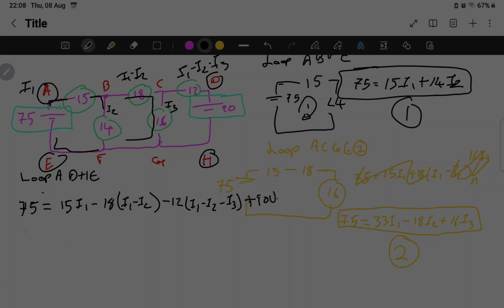So when we simplify this, we're going to take the 90 and we're going to minus. So we have 75 minus the 90. So now when we simplify this, we're left with 15. Simplified, 15 volts is equal to 45 I1 minus 30 I2 minus 12 I3.